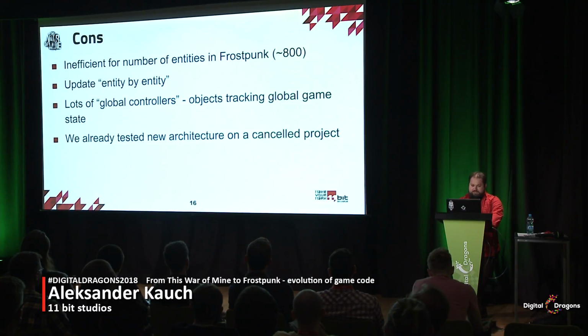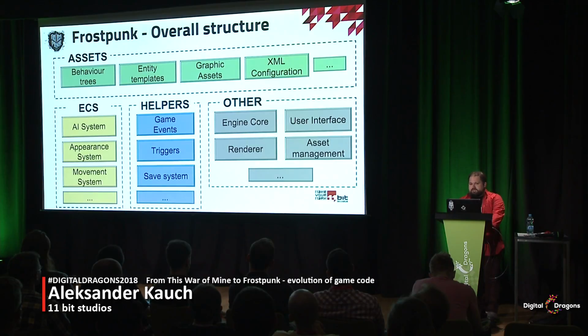And we also tested the new architecture on a cancelled project, and it proved okay. So we decided to change the architecture for Frostpunk. The overall structure of the Frostpunk project would go like this. So we had assets.